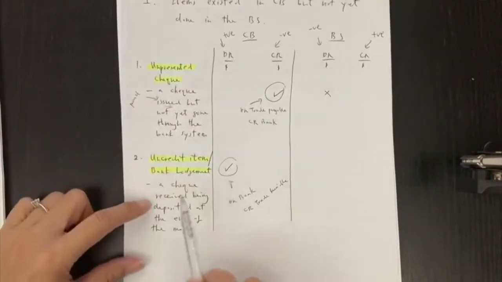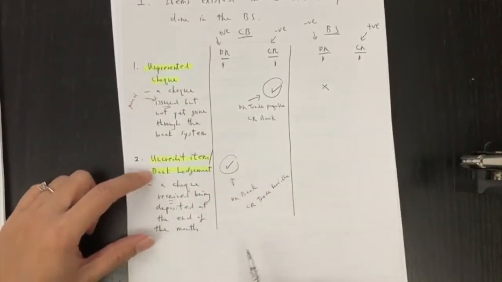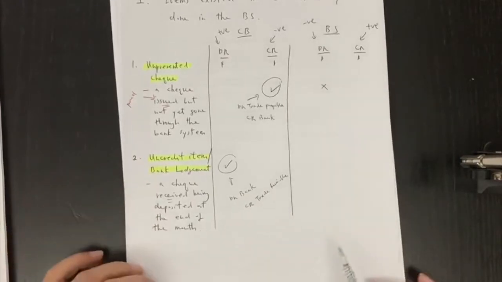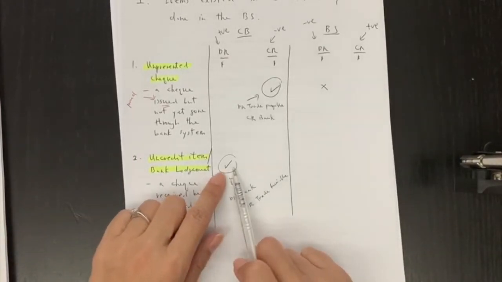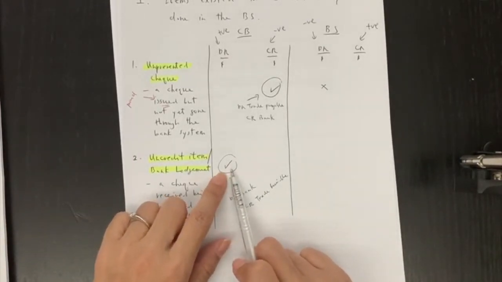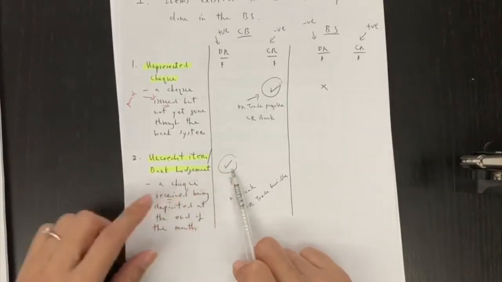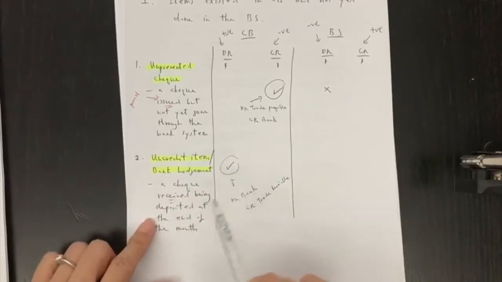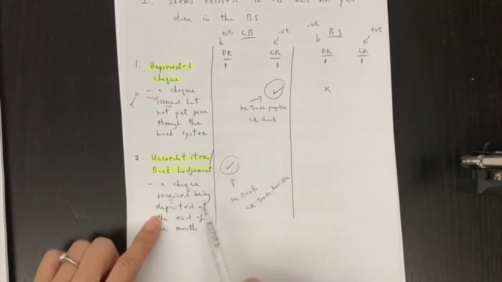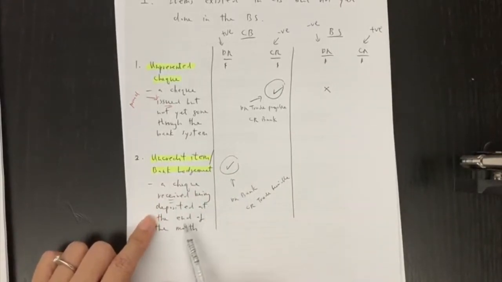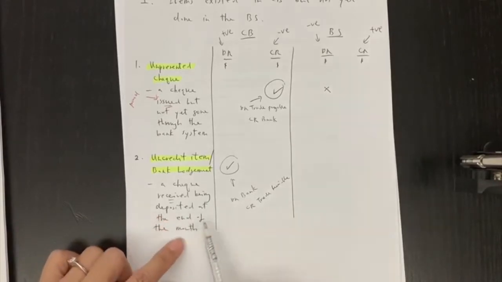Why? Because we receive a check, related to uncredited item. Now we have a piece of paper, which is a check received. If we don't go to the bank, we can't change that into money. Now we go to the bank to make a deposit with our bank. But however, we go to the bank very late.